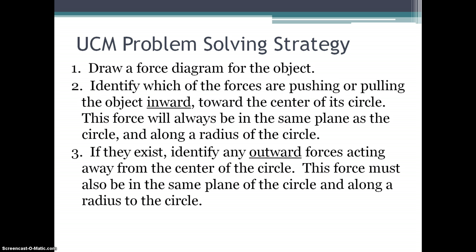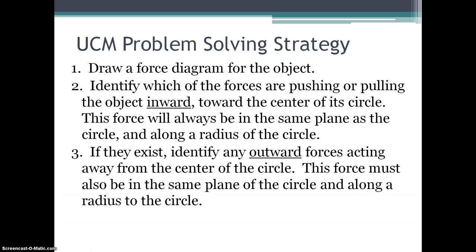So whenever you see a problem and you identify it as a circular motion problem, here's a general strategy that you can look at. It's a little different than some things that we've done in the past. They're talking about forces, usually component forces, when you have circular motion problems. So anytime you see something with those component forces being tension, gravity, normal force, any of those component forces, you should draw a force diagram.